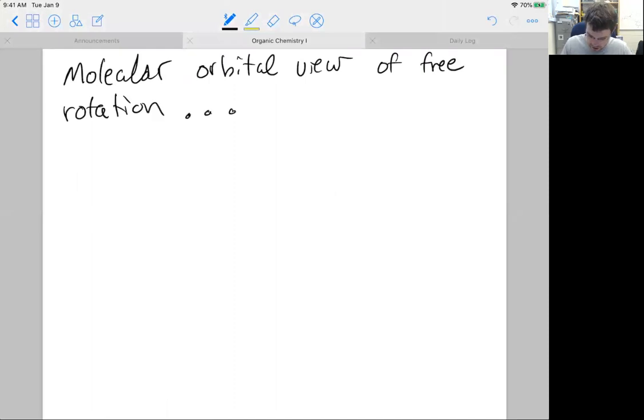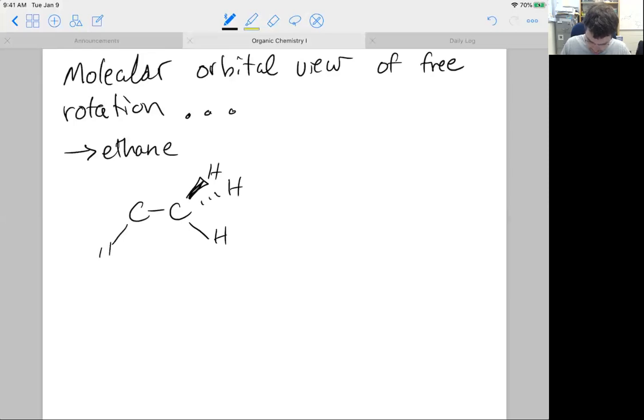So let's pick on the molecule ethane. We now know that ethane is this 2-carbon fundamental hydrocarbon. It looks like this. That is to say, it has a formula of C2H6.